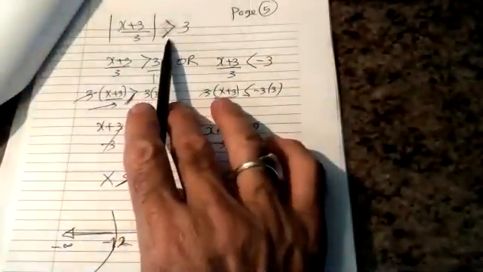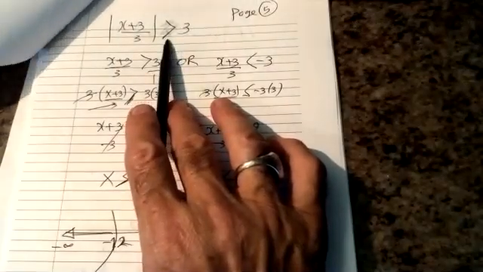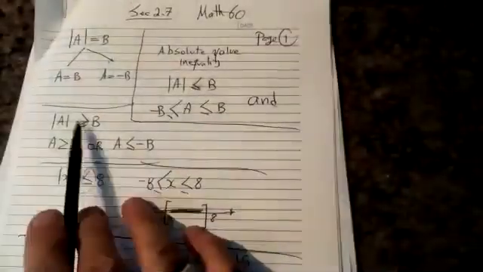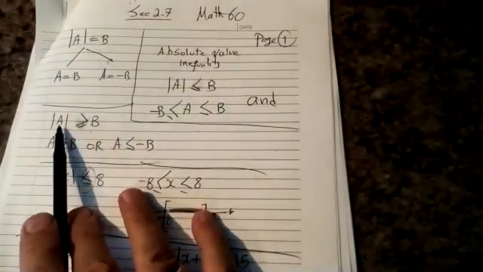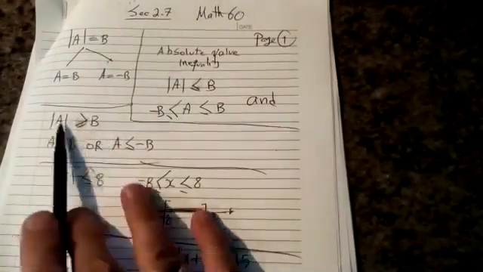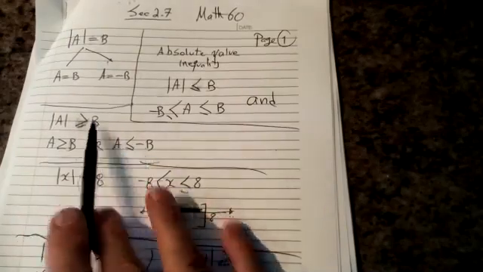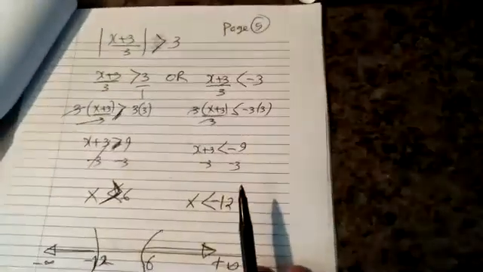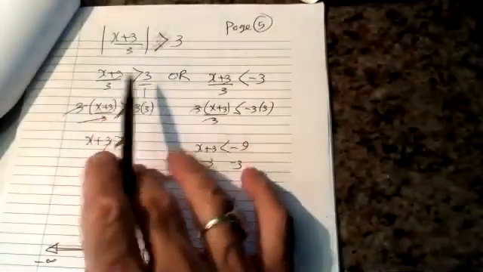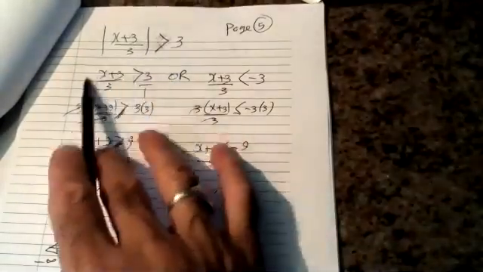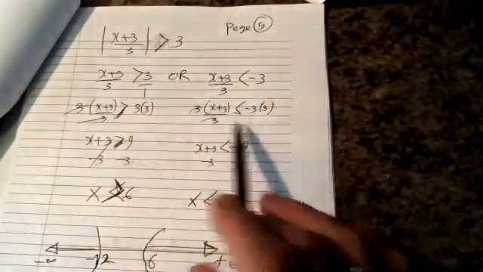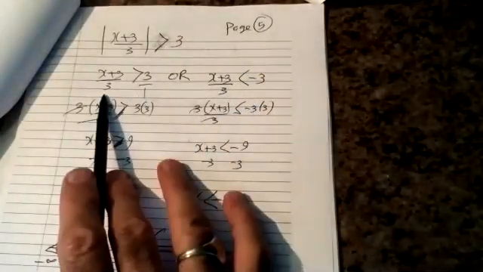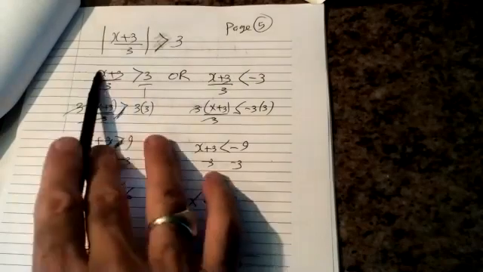When the symbol is greater, it means you have two inequalities. One is what you have inside the absolute value is greater than that, or is less than minus that. To get rid of the 3, or denominator, multiply both sides by 3.